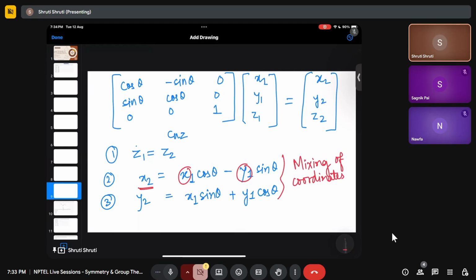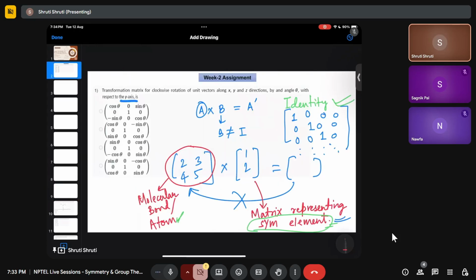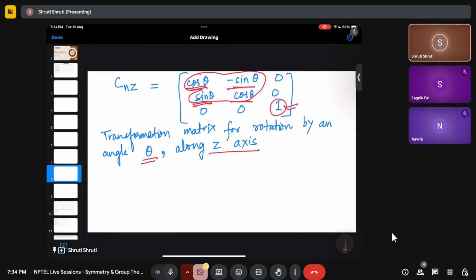Fine. Now how do we arrive at this formula? That is being discussed here in the question. So the question is asking to deduce a transformation matrix for clockwise rotation of vectors x, y and z by an angle theta with respect to y-axis. So now here I told you about z-axis. Now the question is asking about y-axis.